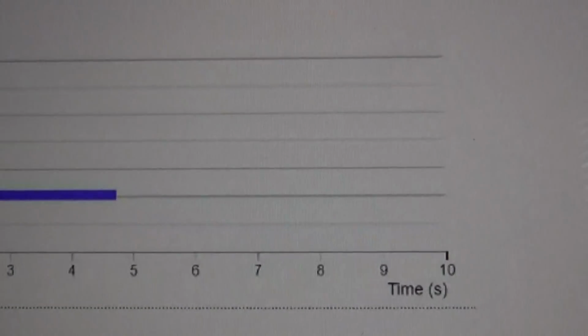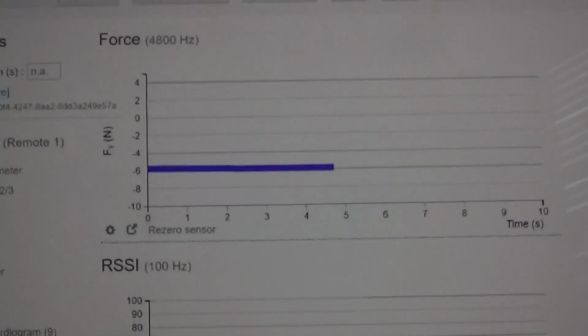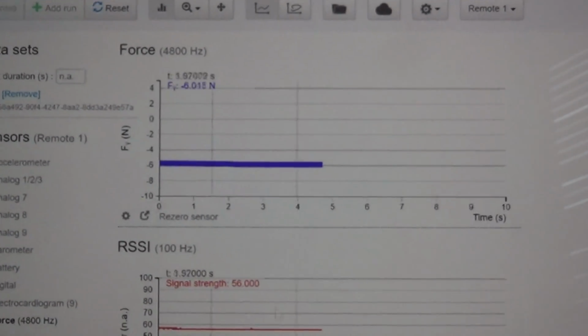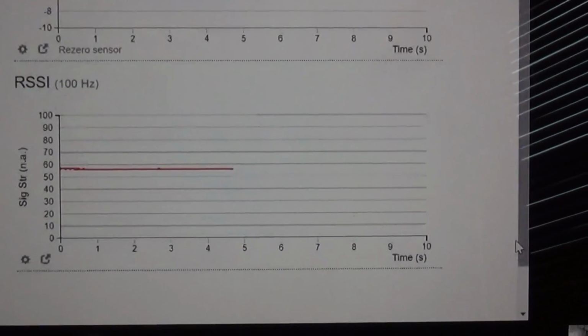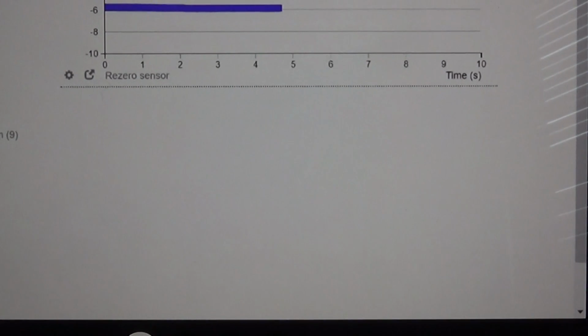Okay, so Tyler, if you've got your force, get rid of the RSSI, that isn't supposed to be there.